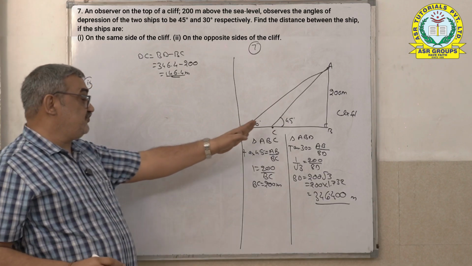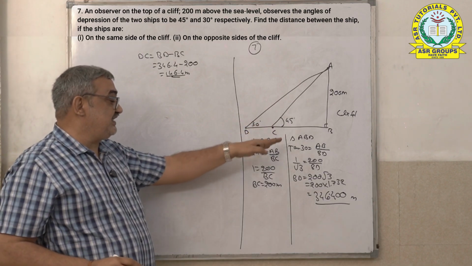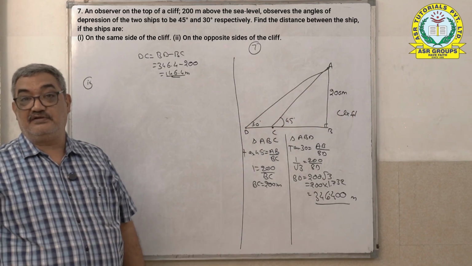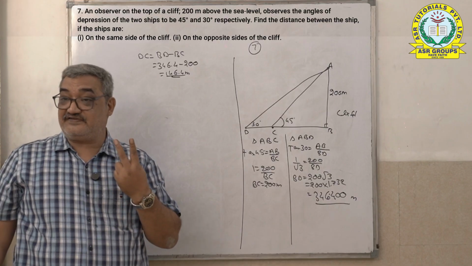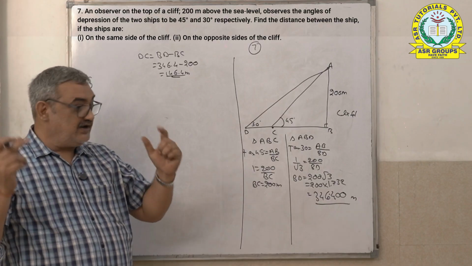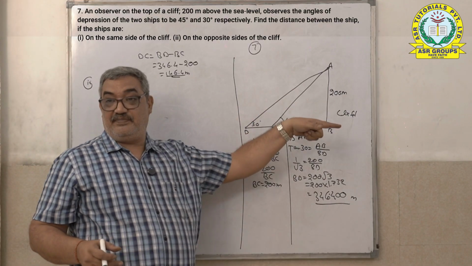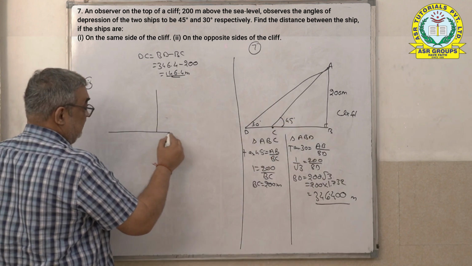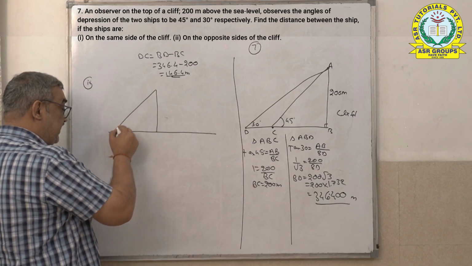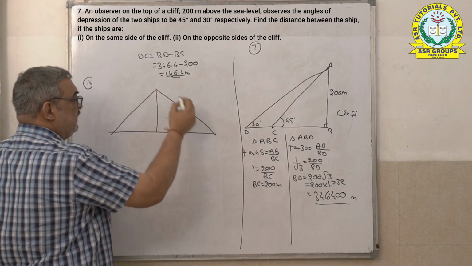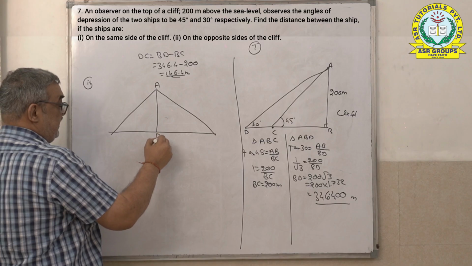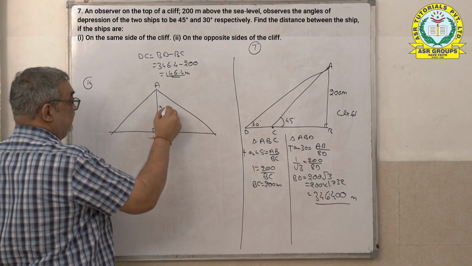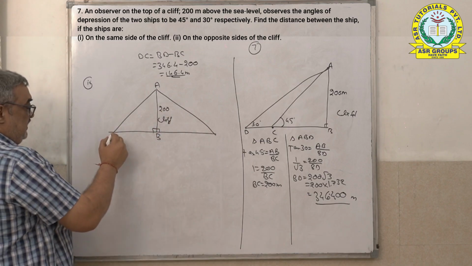Second condition they have given. Now, one warship is coming from here, Pakistani, and the other warship from there, Bangladeshi. He has to find two places. Immediately he will calculate the distance between two ships. So ships are on the opposite side. You have to draw the figure again. AB, my cliff, that is 200 meter.